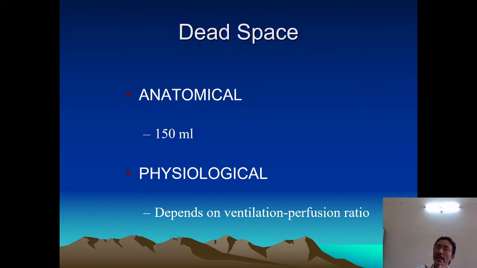So all the air cannot exchange gases with the blood vessels there, so the ventilation perfusion ratio becomes less. Or at the base of the lungs, there may be more blood present but fewer alveoli because of the expansion difference, so that is also an altered ventilation perfusion ratio.